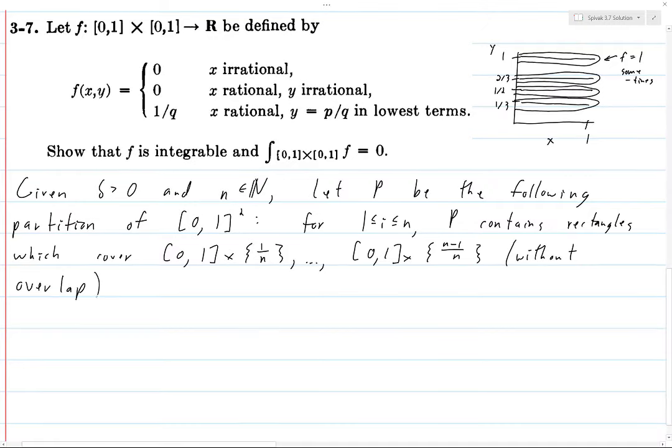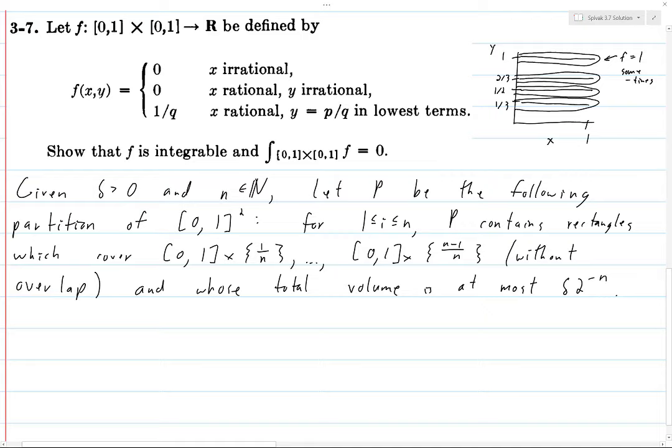So rectangles which cover this thing and whose total volume is at most delta times 2 to the minus n.